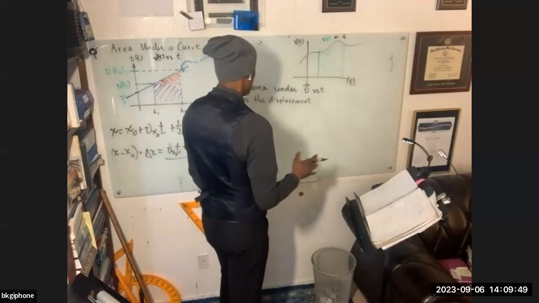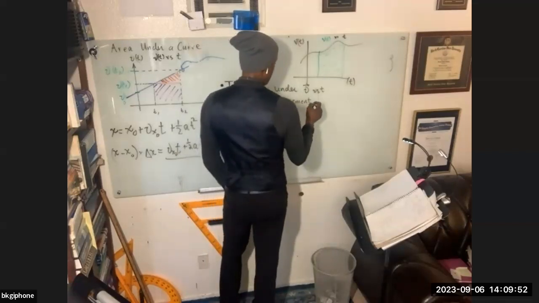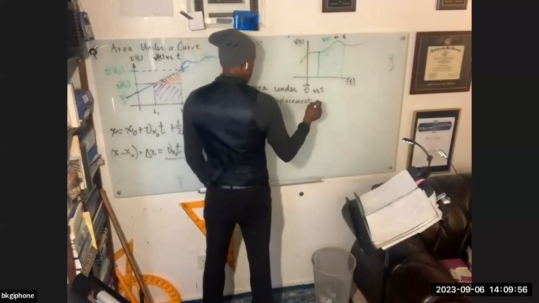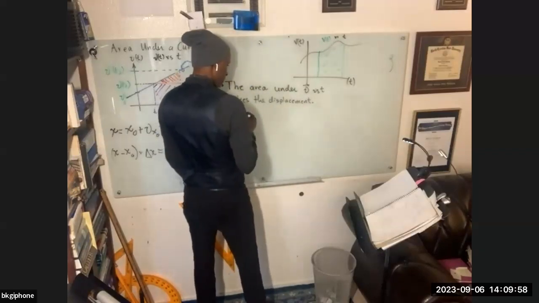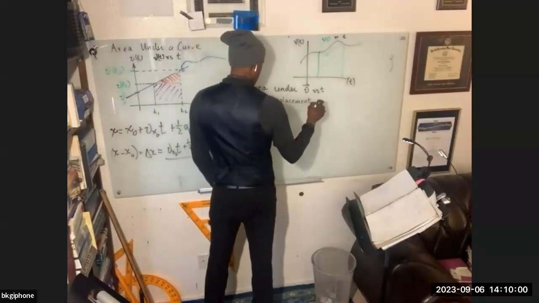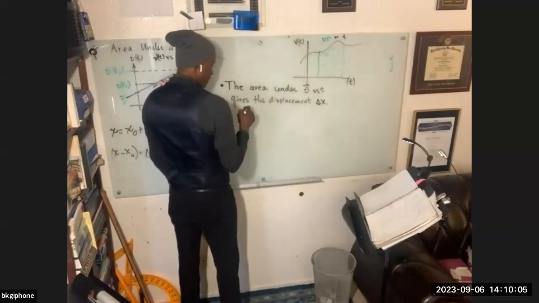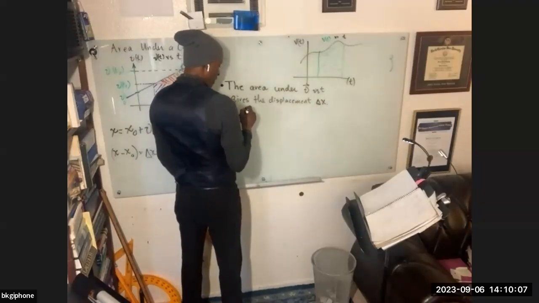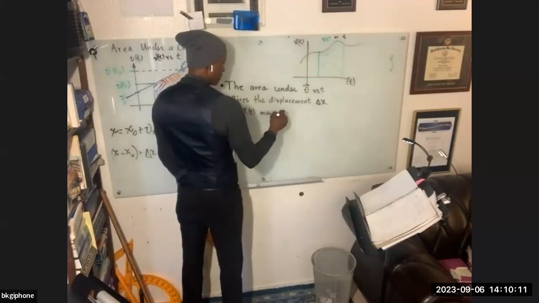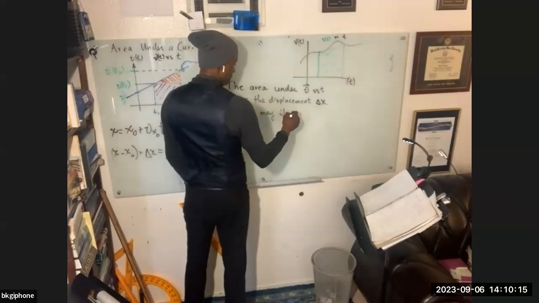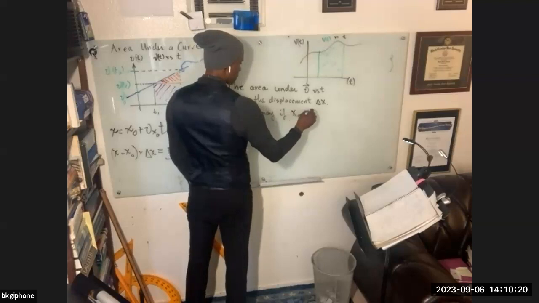It gives a displacement, and you can find the final position x of t if the initial position x naught is known. Therefore, because of the displacement delta x, x of t, the final position, may be determined if x naught is known.